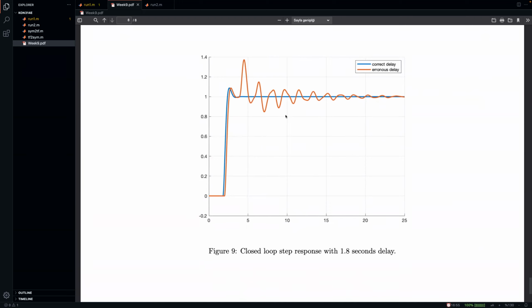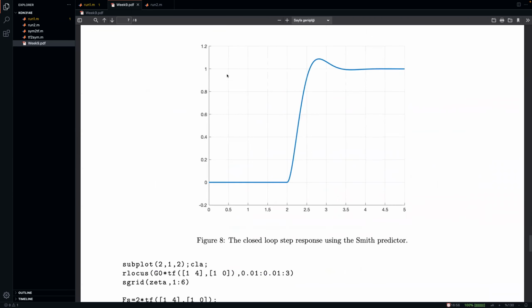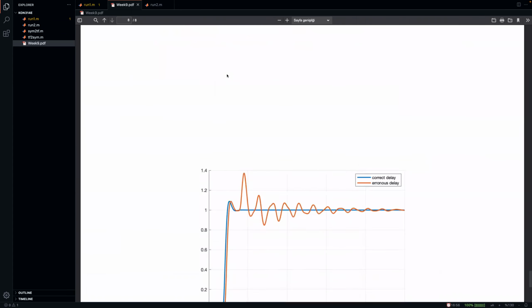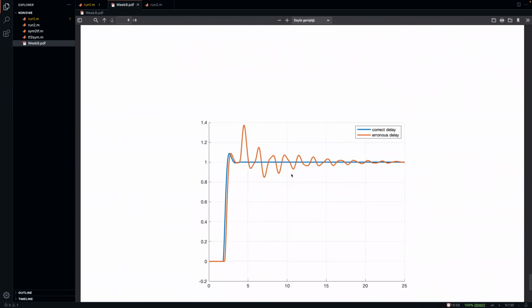So you can see that using the Smith predictor with high accuracy delay is more advantageous. But if you are not sure about the delay portion, you might want to opt for the Padé approximation because, well, at least that would work better than this one here. But if you have the exact amount of delay, and if you're sure about that, you can directly use this.